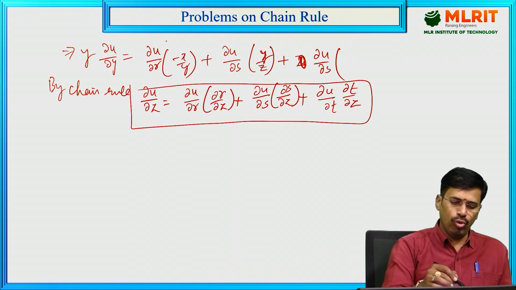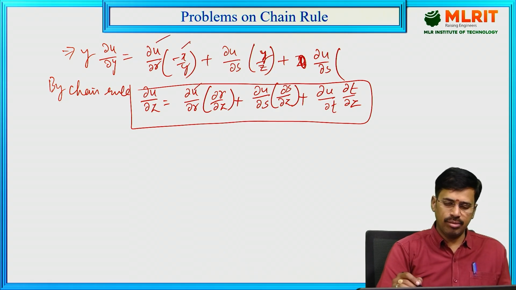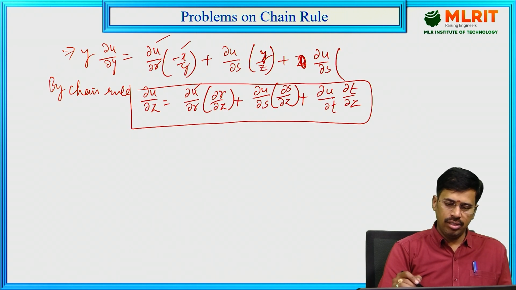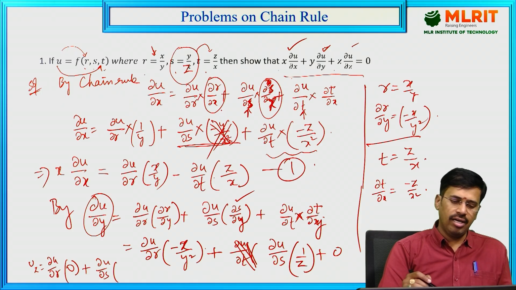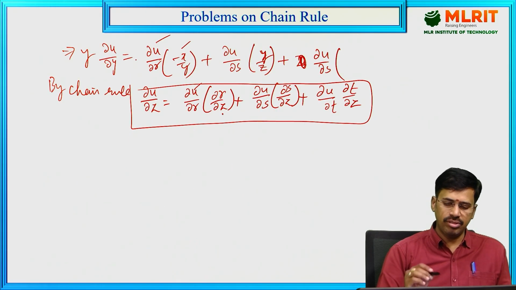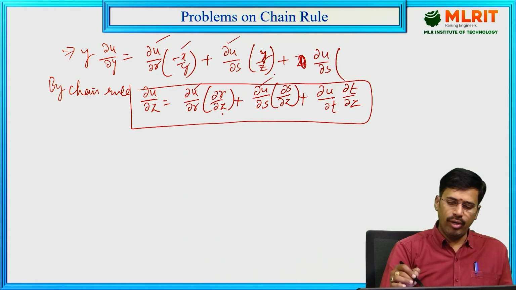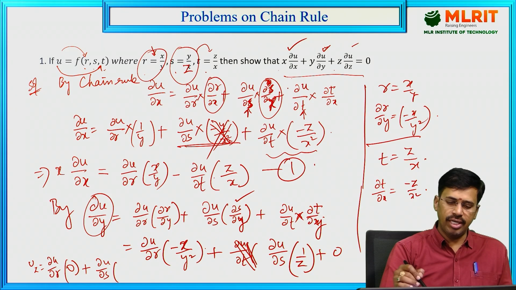So ∂u/∂r stays, and ∂r/∂z: we don't have any z terms in r because r is x/y, so with respect to z the derivative becomes 0, plus ∂u/∂s into ∂s/∂z.